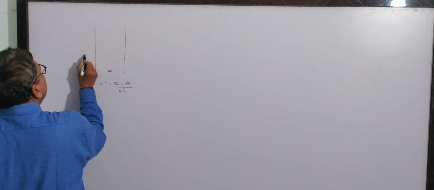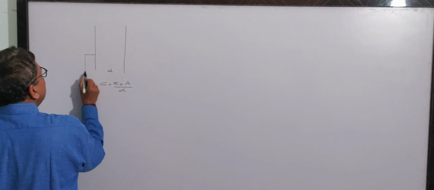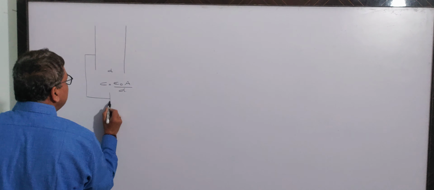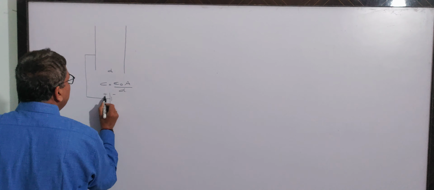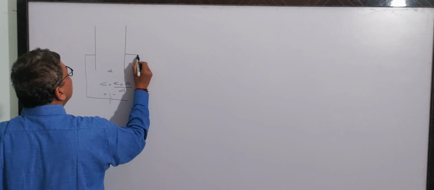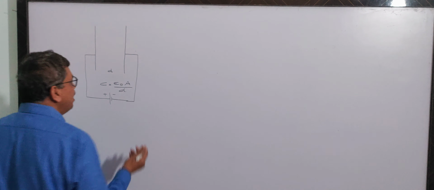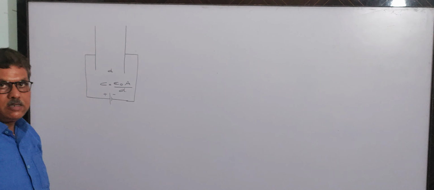Now once this capacitor is charged, meaning it is connected to a source of electrical energy, suppose it is connected to a battery, then within a fraction of a second the two plates of the capacitor are charged. How?